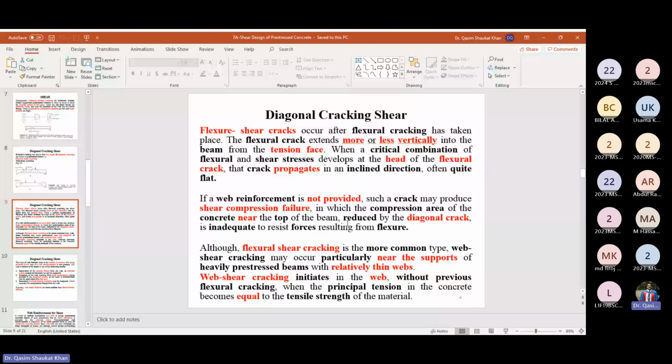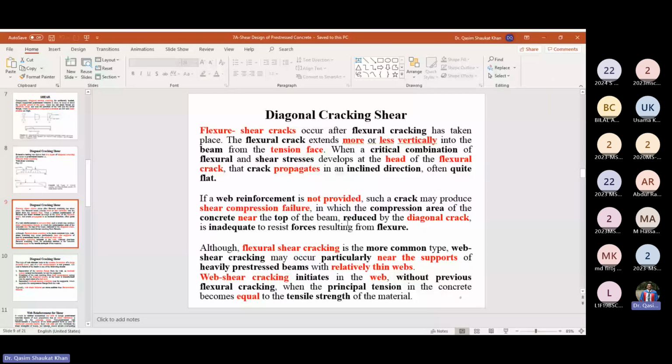So the compression region at the top of the I section or the top of the beam will be reduced. When the area is reduced, the force is the same. A larger force divided over a smaller area can produce a compression failure.